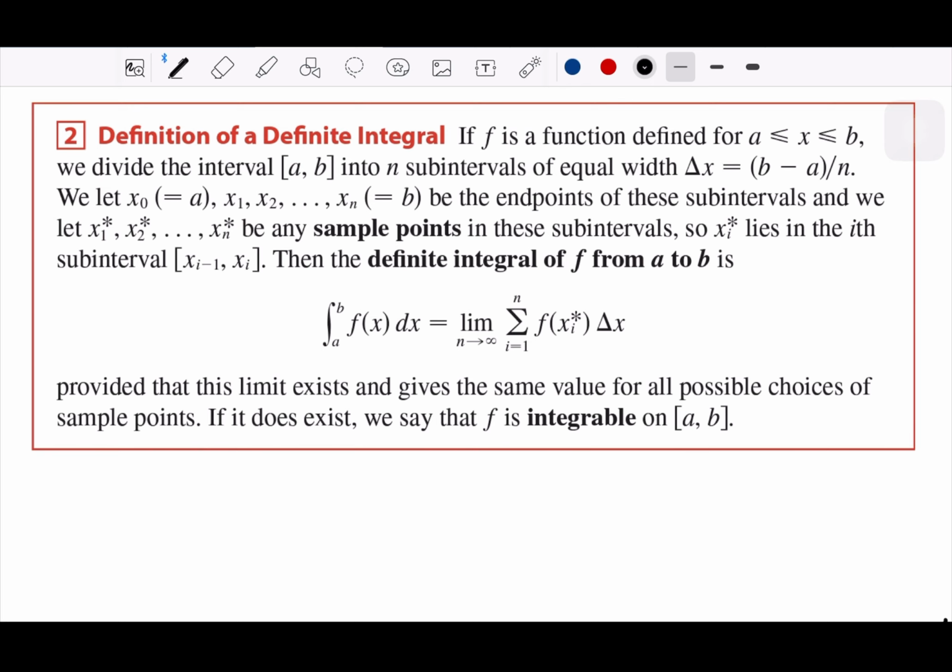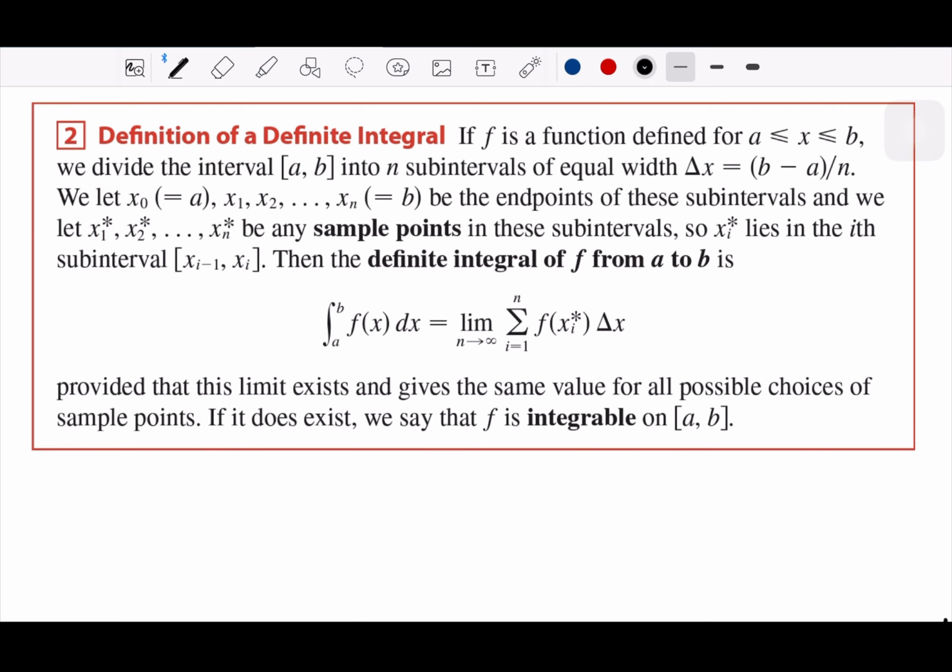Okay. So this is the official definition of the definite integral. If you are asked to integrate some function from one point to another using the official definition, you need to integrate using this limit. Okay. Yeah, this is the official definition.